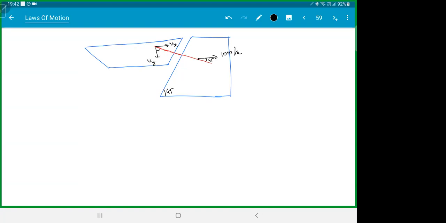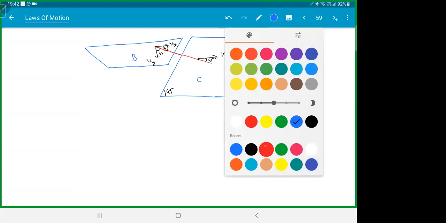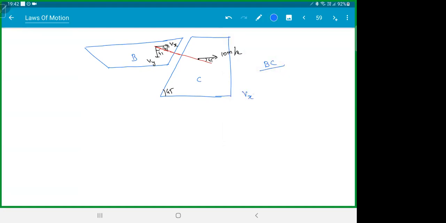Luckily 45, no? So this will be 45 and that will be 45. So we are writing for B and C first. So if you write along B and C, velocity along the normal Vx cos 45 plus Vy cos 45 should be equal to 10 cos 45. So Vx plus Vy is equal to 10. That's your equation.